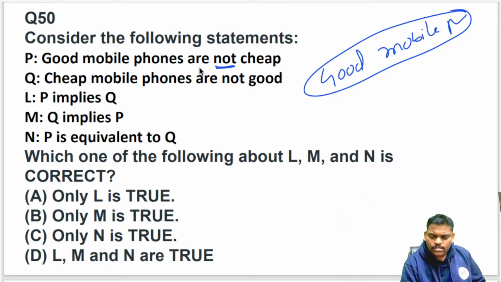Good mobile phones are not cheap. Cheap mobile phones are not good.